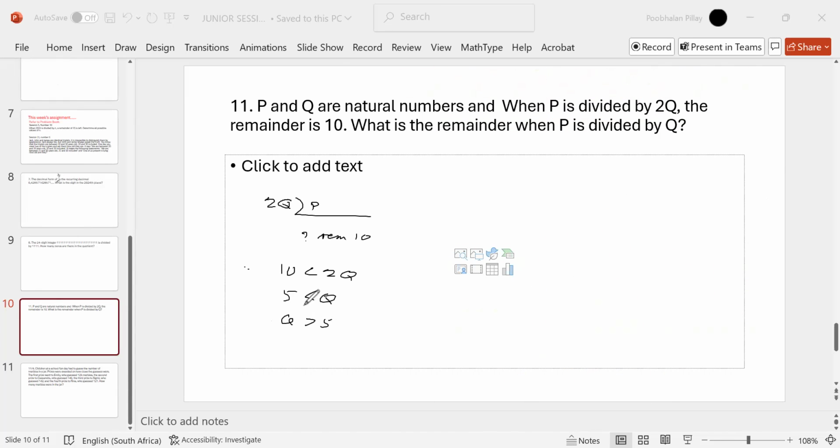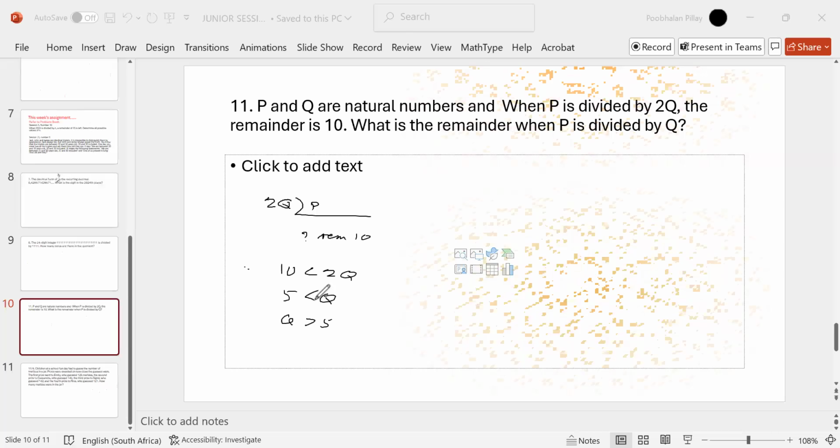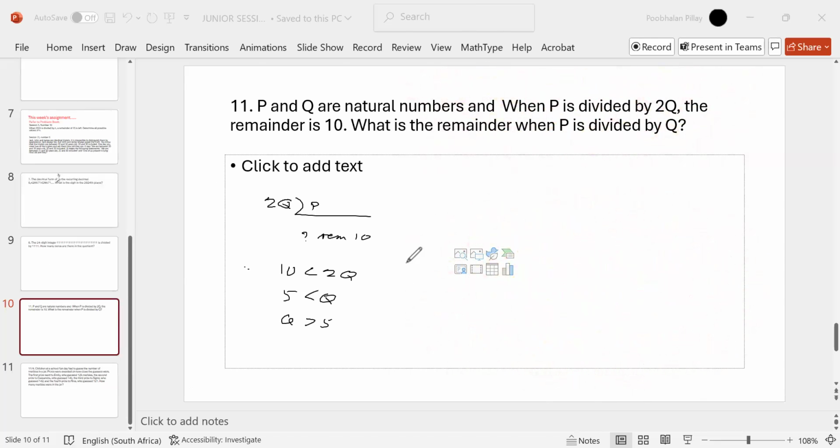Now, when P is divided by 2Q, you can make it into a fraction like this, P over 2Q. Right? The remainder is 10.